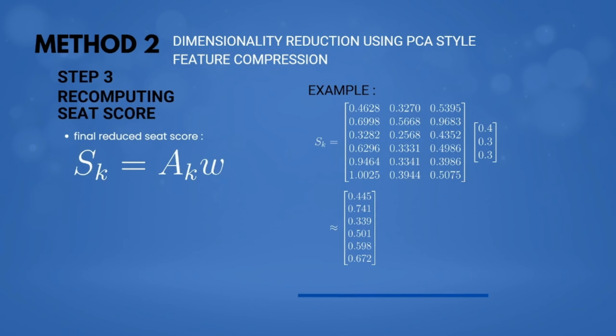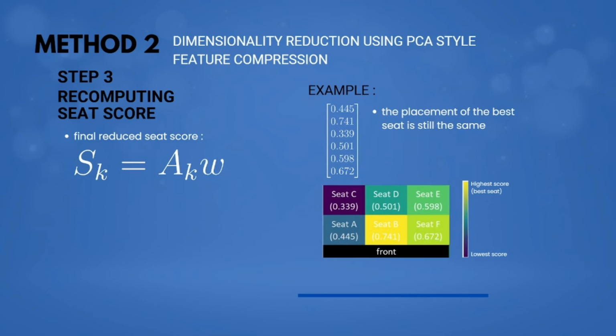And then after that, we move on to step 3, which is recomputing the seat scores. Now using the reduced matrices, we need to recompute the seat scores. In the example, the same scoring process is applied, but now using the compressed feature representation here.